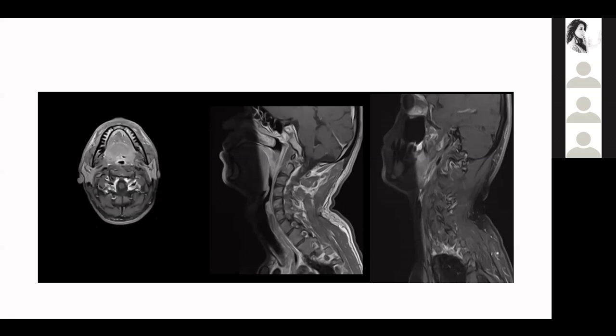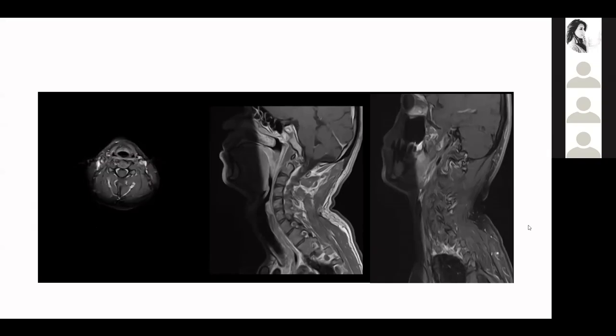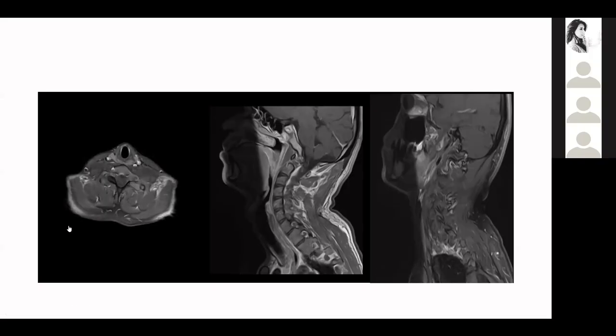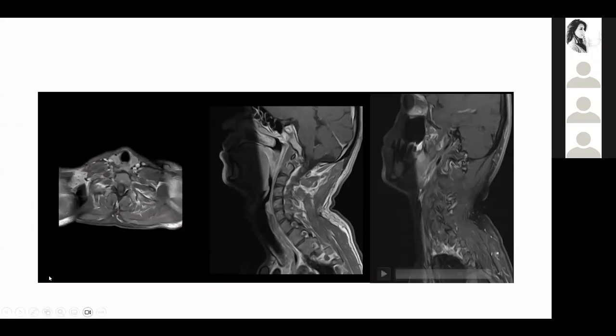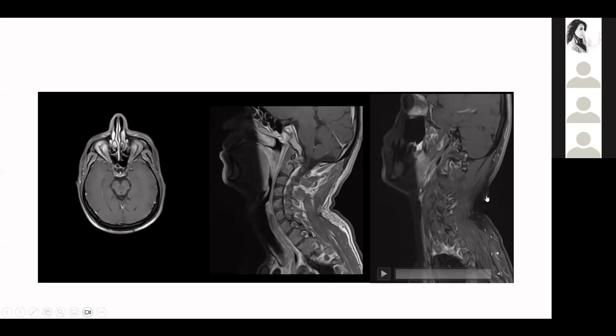And as we go down, we start seeing these levels, because of course this is a very small field of view, that's why it's not very much appreciable, but you can still see that these lesions are still there, and on post contrast they are not showing very significant enhancement. Very mild enhancement is over there. They are very poorly visualized if you compare with the thyroid enhancement, but they are definitely there.